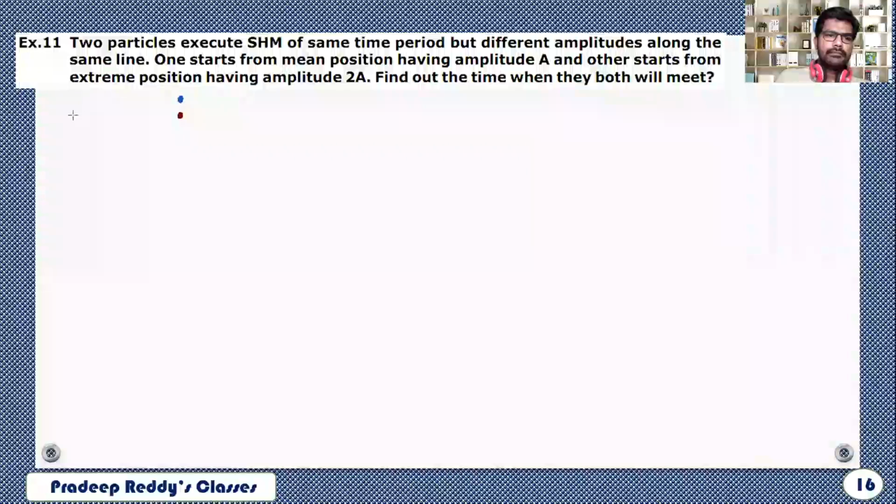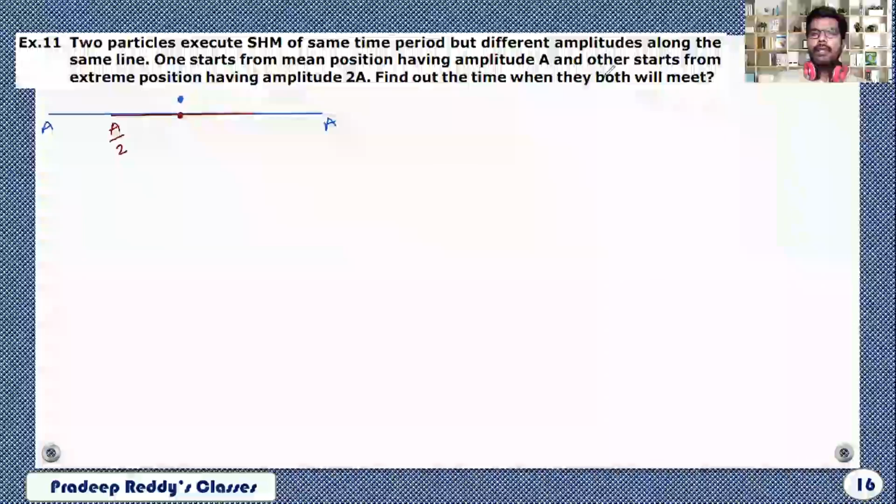So this is the line. This is the first one, and the second one is this. Amplitude of the second one, let me take it as a by 2. Amplitude of the blue colored one, I am taking it as a.